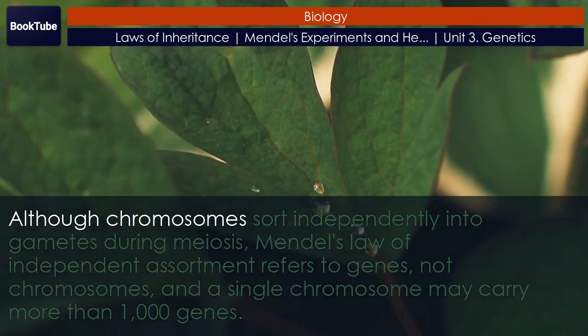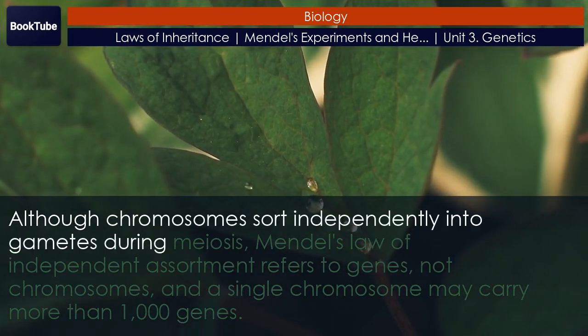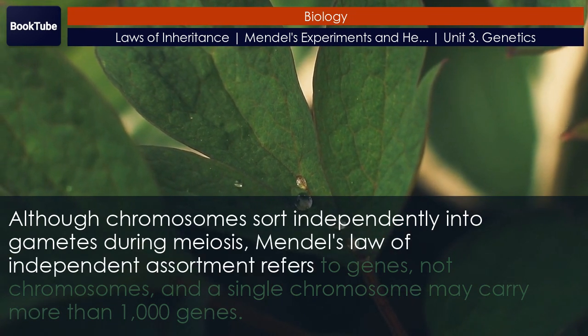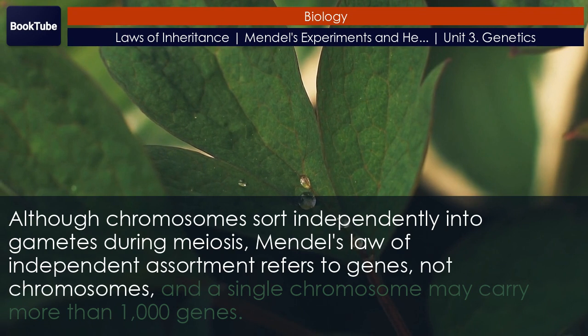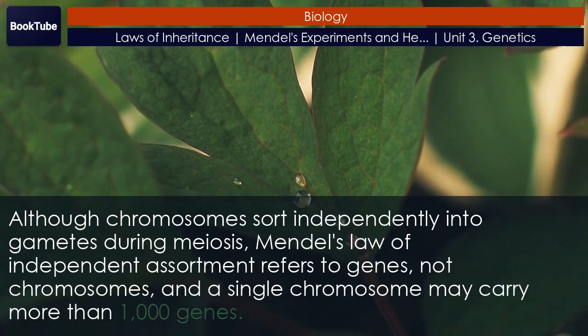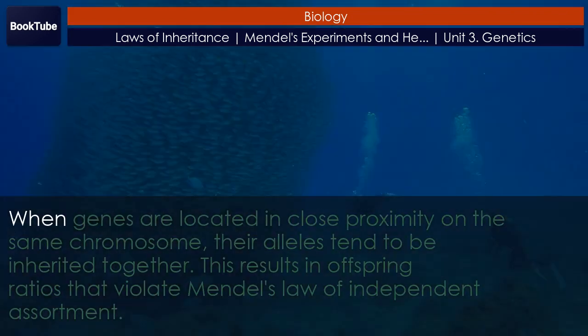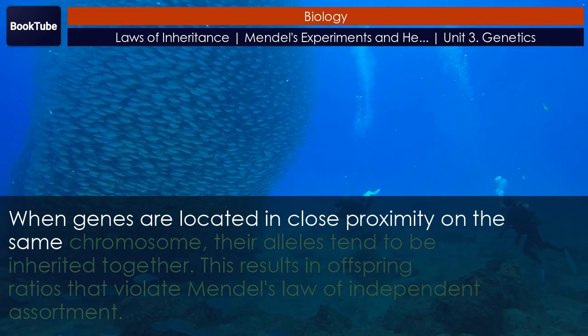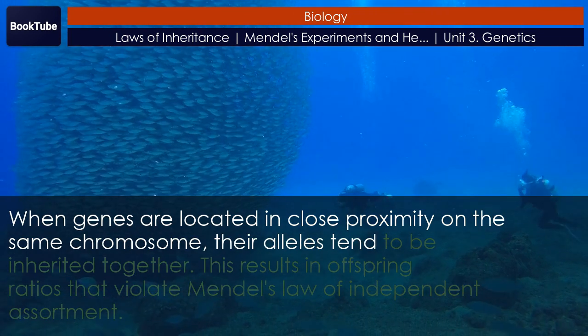Although chromosomes sort independently into gametes during meiosis, Mendel's law of independent assortment refers to genes, not chromosomes, and a single chromosome may carry more than 1,000 genes. When genes are located in close proximity on the same chromosome, their alleles tend to be inherited together.